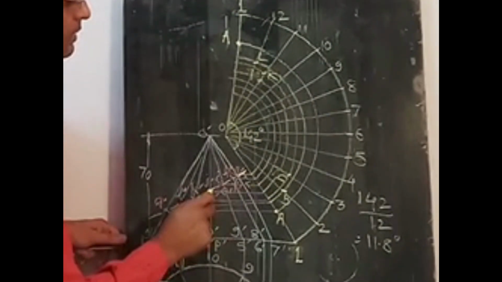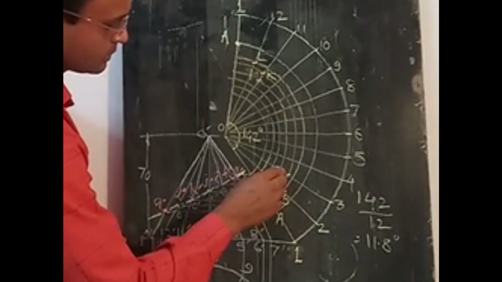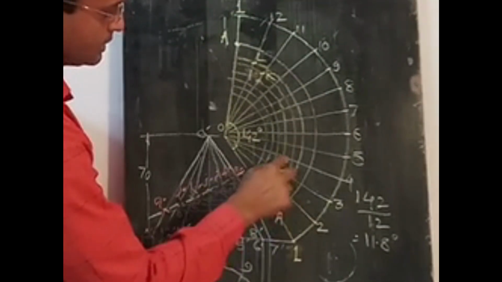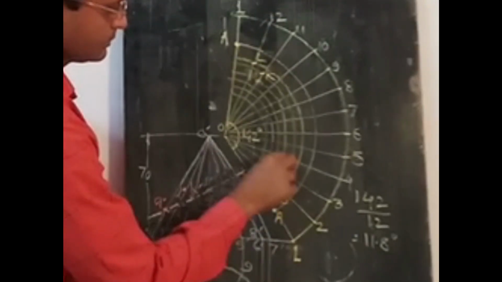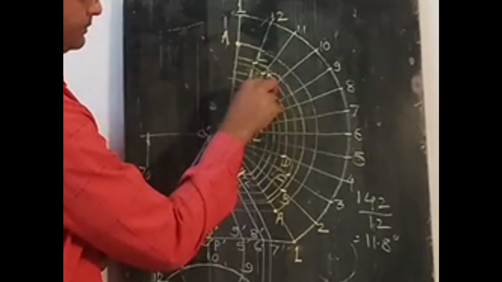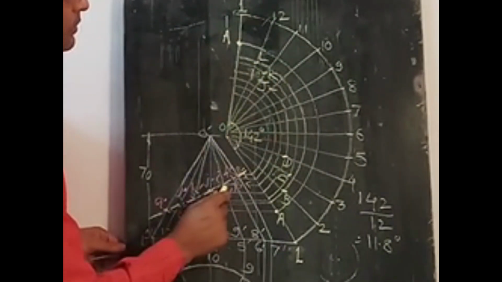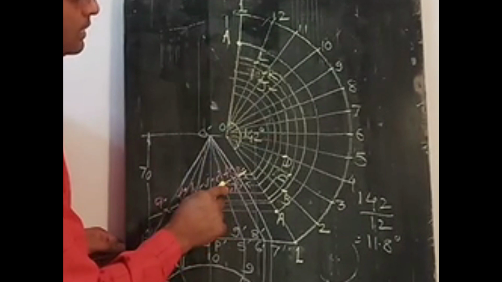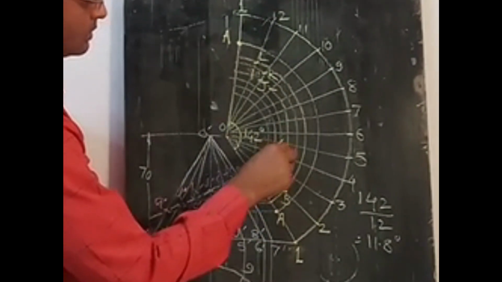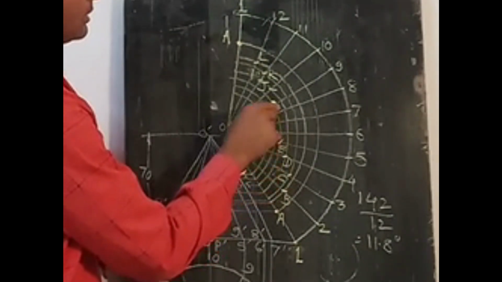Next is D and J. Now D and J are on these radial lines. So here is D which is on 4, and J is on 10. Okay. Next we have E and I. Now E is on 5. So here is E and I is on 9.